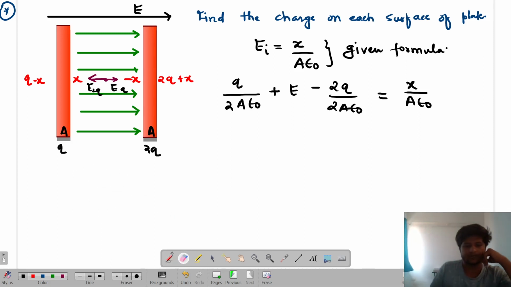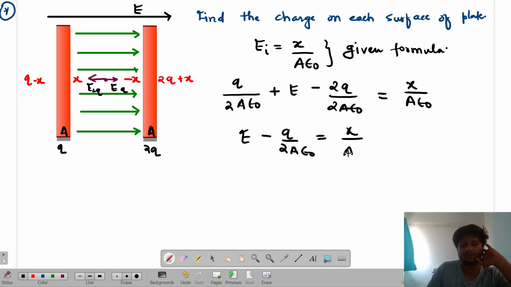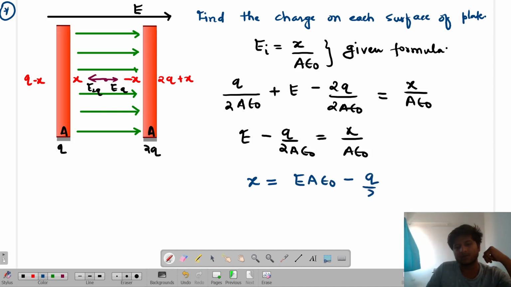Are you able to get me? So I got how much? This is E, this is Q by 2A epsilon naught minus 2Q by 2A epsilon naught, that is X by A epsilon naught. Are you able to get me? So I got my value of X. X is E A epsilon naught minus Q by 2.